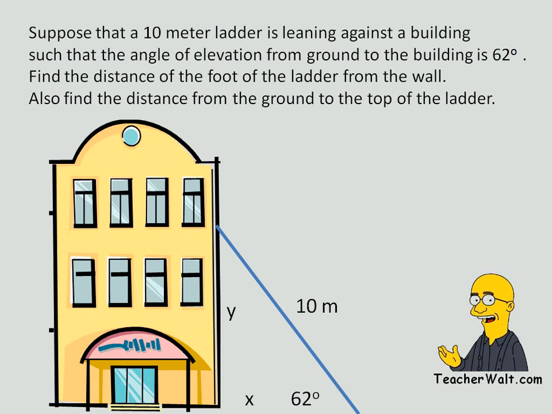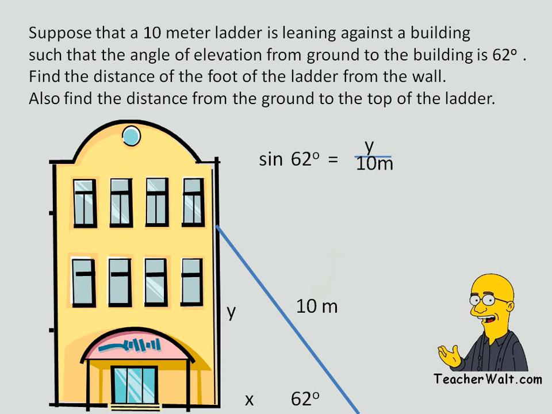So you're looking for a way to relate the 62 degrees and the hypotenuse to the side opposite the 62 degrees. Well, clearly that's suited for our trig function sine. In fact, what we're going to do is say, well, the sine of 62 degrees is equal to the opposite side, y, over the hypotenuse, 10 meters.